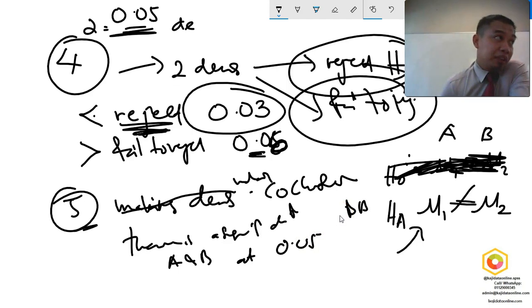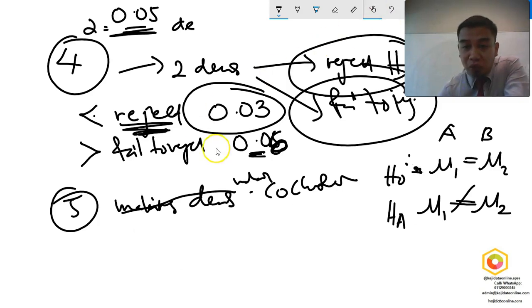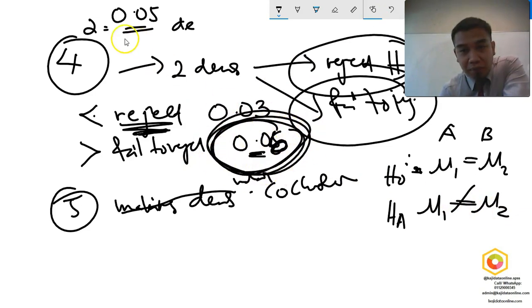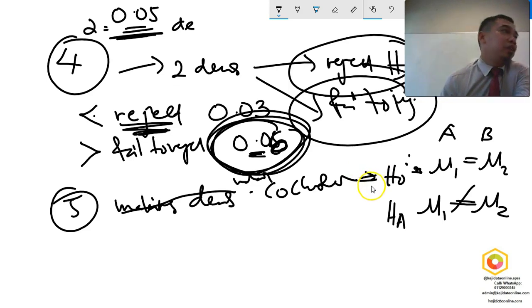That is the hypothesis testing. Understand? Just simple like that. Unfortunately, sometimes you run the statistic and find out that the value is 0.06. So 0.06 is more than our alpha, and therefore you fail to reject. You cannot reject.